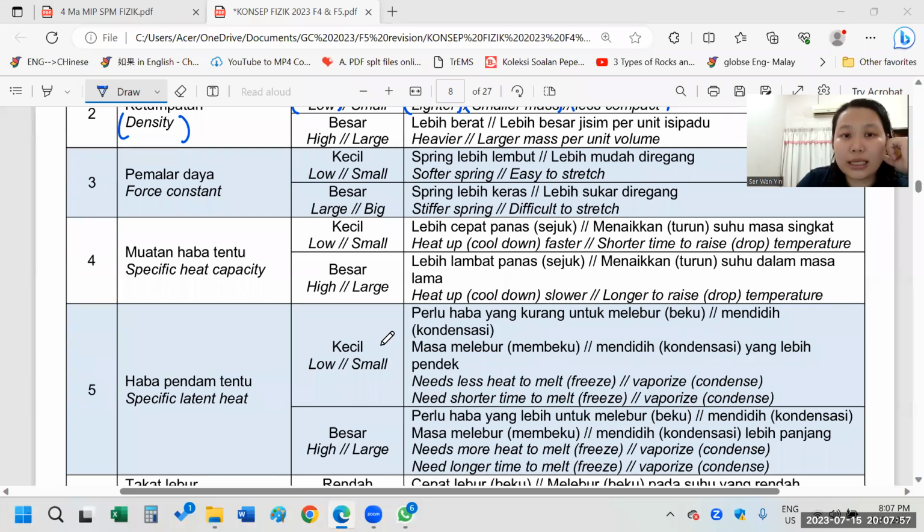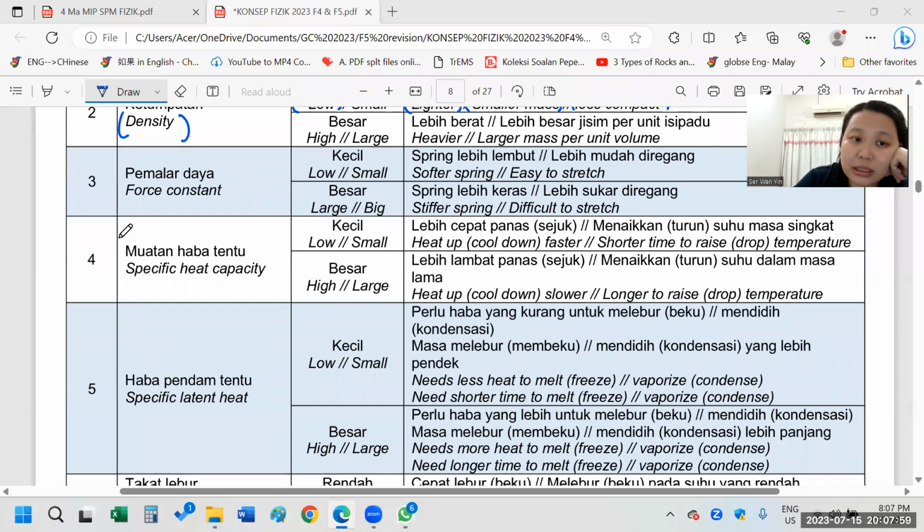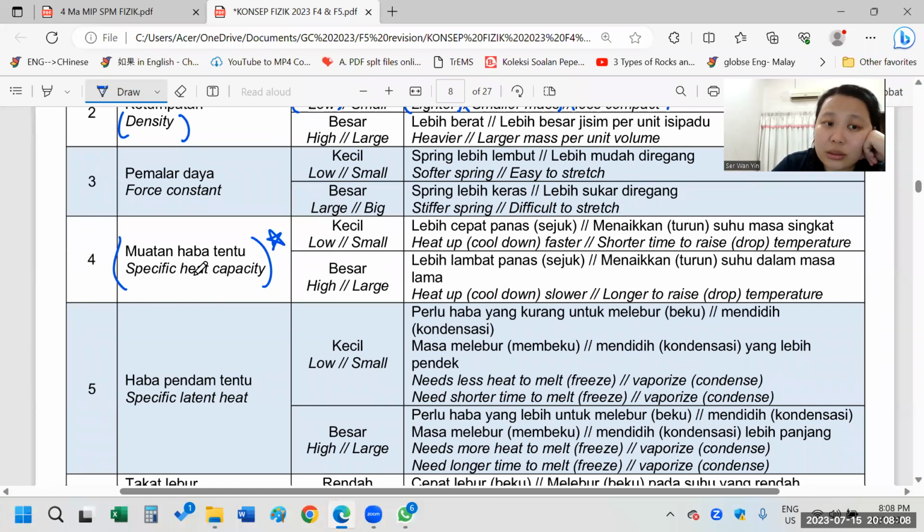Okay, so now next, specific heat capacity. This one is very important because many people have misconceptions here. Why should we use a small specific heat capacity material? Because it can heat up faster or cool down faster.